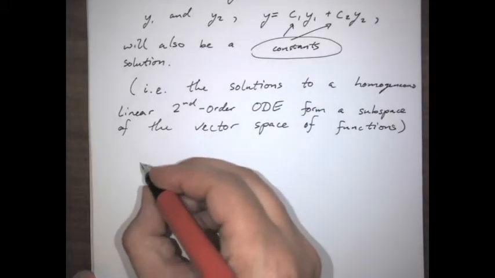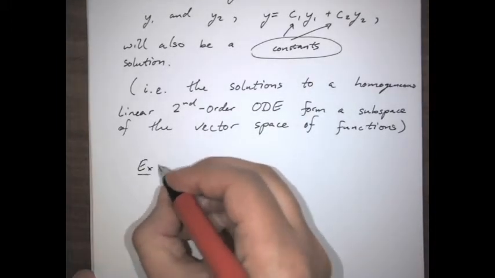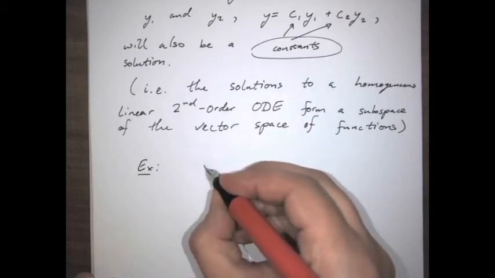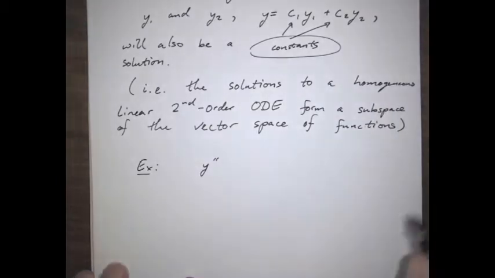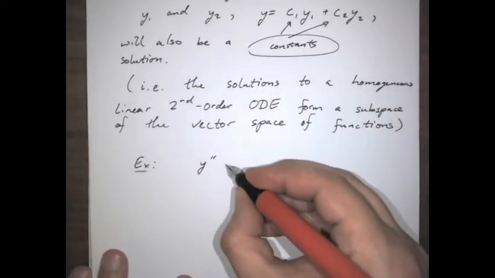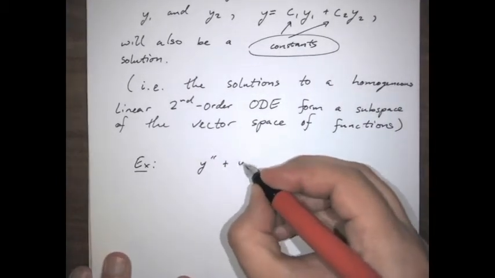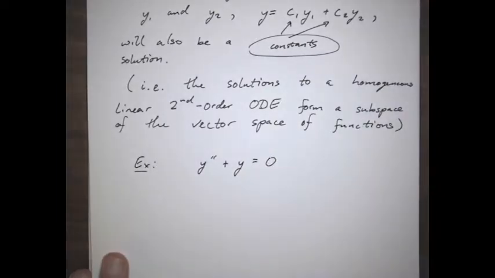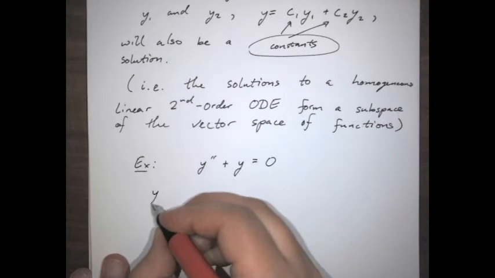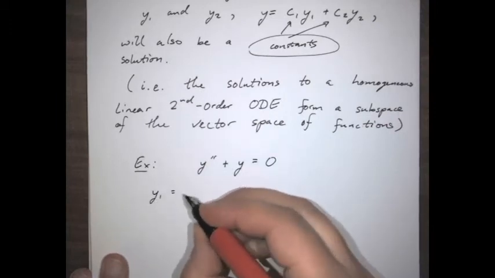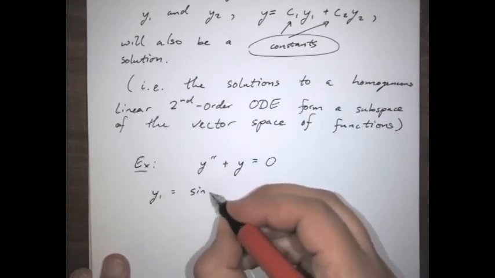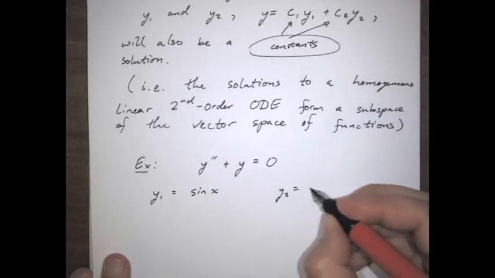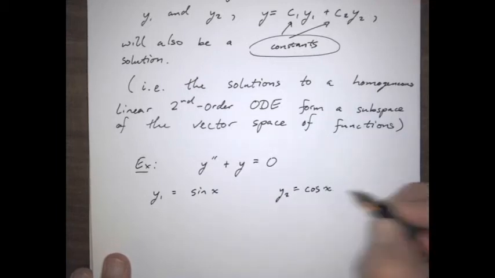So as an example, if we have the second order homogeneous linear differential equation y double prime plus just y is equal to 0, then we have y1 which equals just sine x, and we have y2 which equals cosine x.